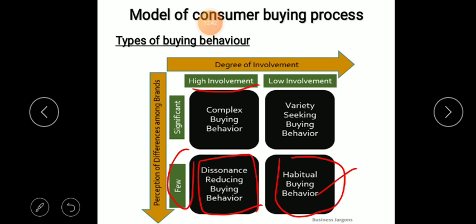Then comes variety seeking buying behavior. Consumer buying behavior in situations characterized by low consumer involvement in purchase decisions, but significant perceived brand differences are available. Then the type of buying behavior that is exhibited is known as variety seeking buying behavior. For example, restaurants.